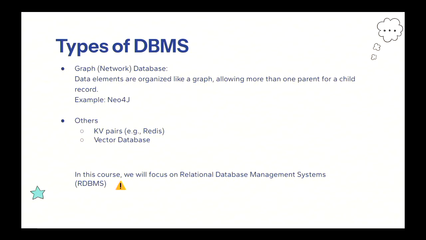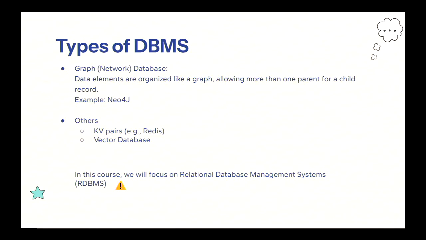You can put them as a graph. This kind of database is natural and easy for storing graph-like data, but it's quite specialized. So normally you don't use it. A typical example here is Neo4j.